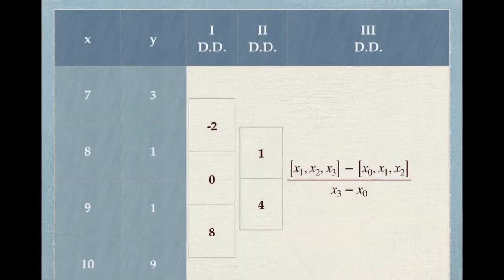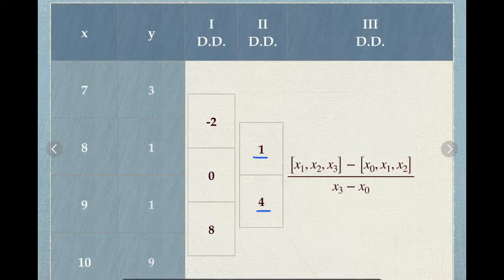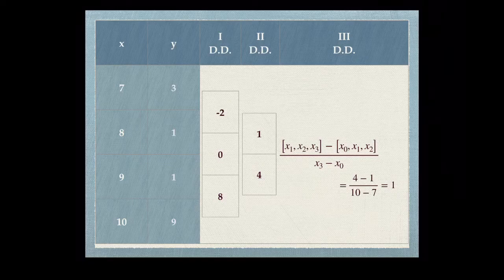It means the second term of second divided difference minus first term of second divided difference, divided by the difference of x3 minus x0. So the values are 4 minus 1 divided by 10 minus 7. 4 minus 1 is 3, 10 minus 7 is also 3, so they cancel each other. The value is 1.